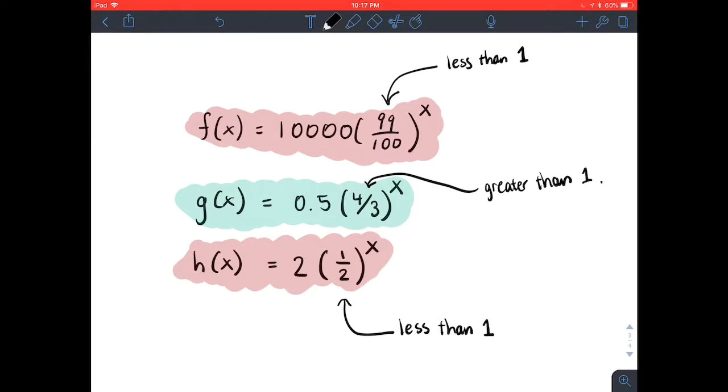On the contrary, f of x, the top function, is only losing 1% of its value after each time step. So it's always left with 99% of what it had at the previous time. So this will get smaller slower than h of x. So the correct ordering would be that g of x is the biggest, then f of x, then h of x.